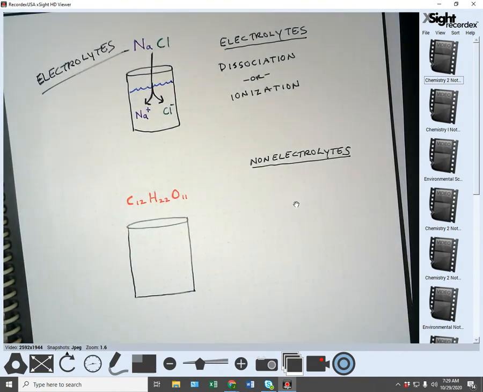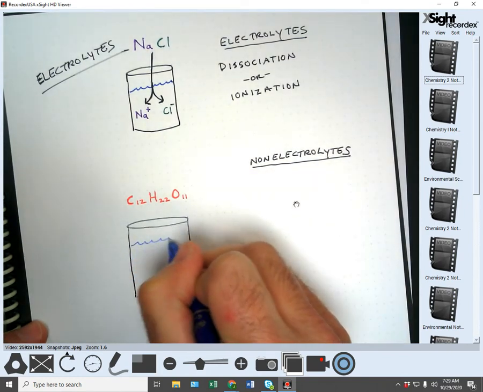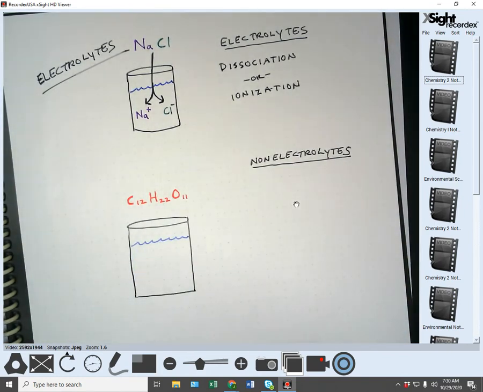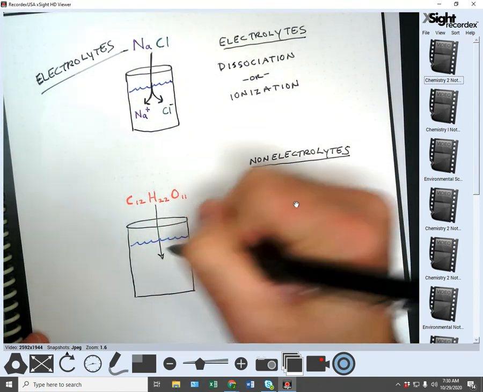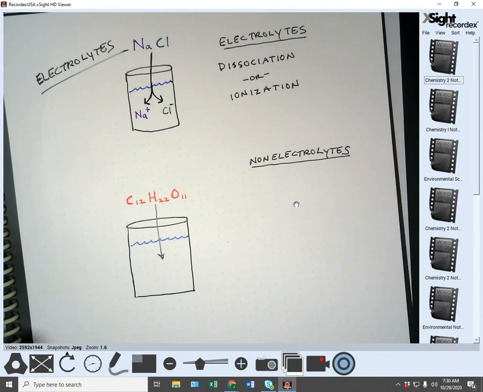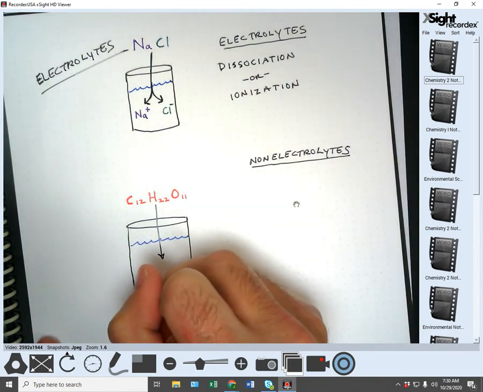You put this into water, and what you're going to end up with is actually just the exact same thing. It stays together. Now, this is where sometimes people get confused.